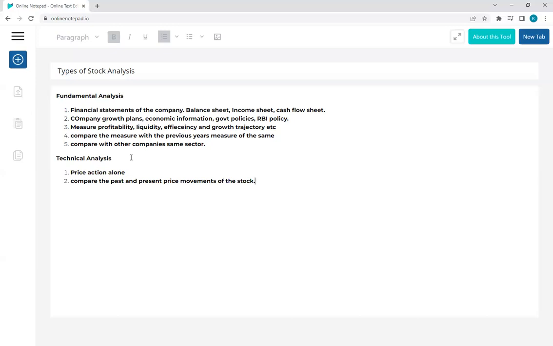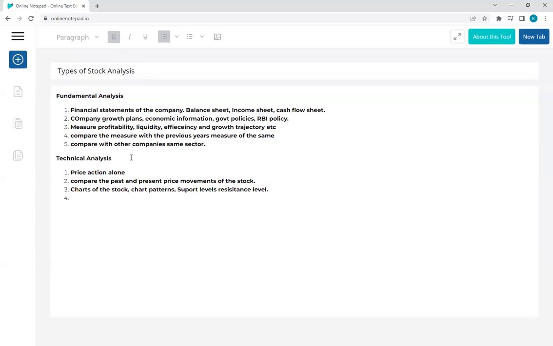He just wants to be on the charts of the stock. So he will go with chart patterns, support levels or resistance levels. Everything will be on the price action. All the analysis the technical analyst does is on the price action.